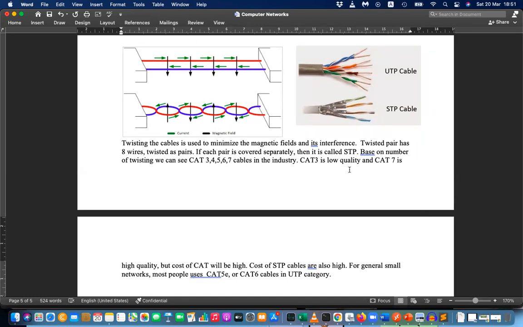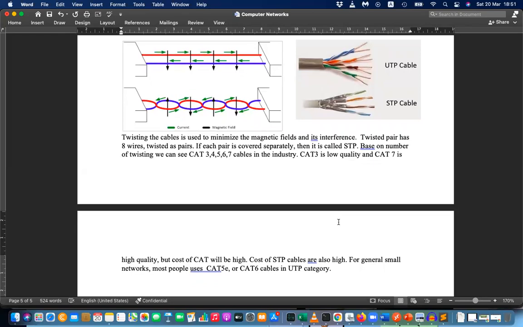So there's a color code also. Better write that down too: colors in twisted pair cables, because that is standard, right?